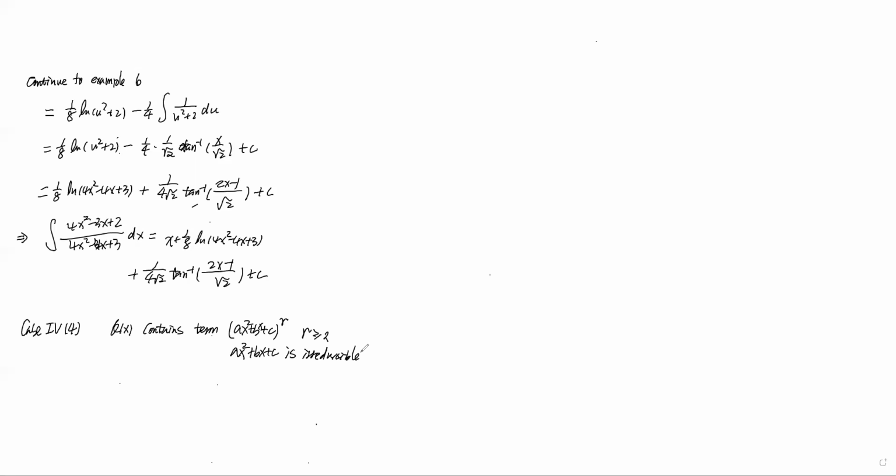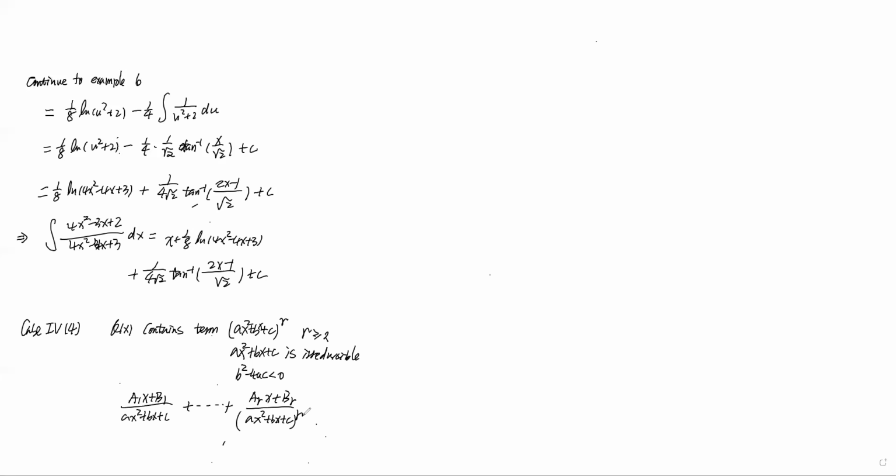So if Q(x) contains this term, for example a term like this, then b squared minus 4ac is negative. And if it contains the term we assumed, the partial fraction can be written as (a1 x plus b1)/(ax squared plus bx plus c) plus up to (ar x plus br)/(ax squared plus bx plus c) to the power r.